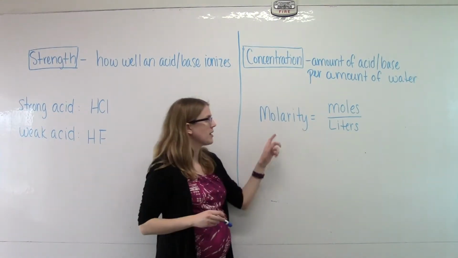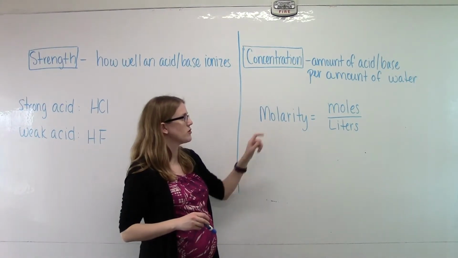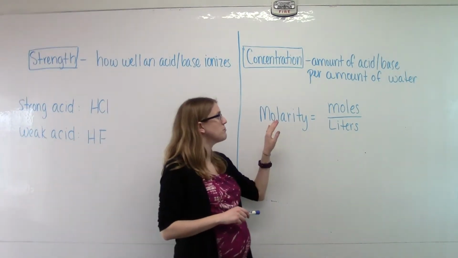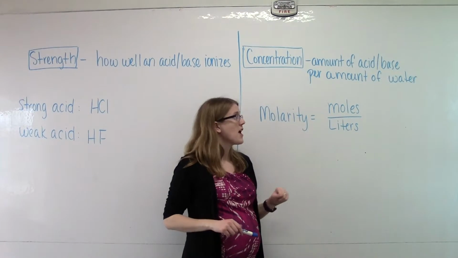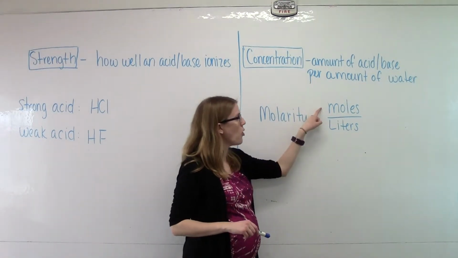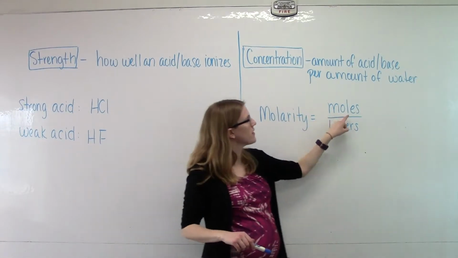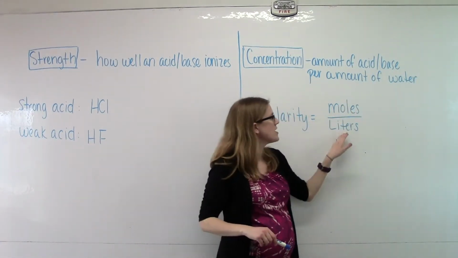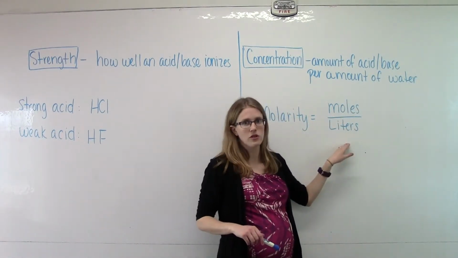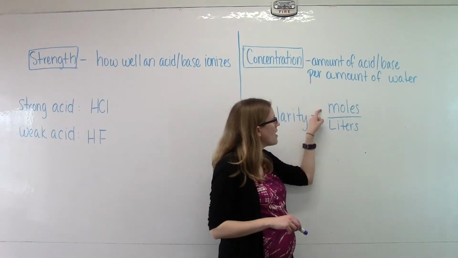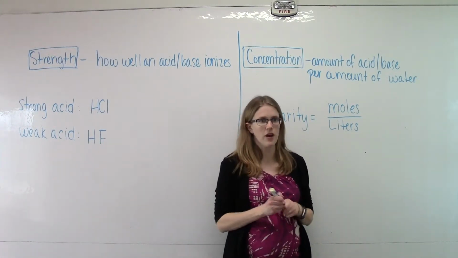Now, usually in chemistry, our most common way to express concentration is molarity. And if we remember, it specifically means moles per liter. Moles divided by liter. And moles is going to be the number of moles of the acid or base divided by the liters of solution, okay? So how much acid do we have present, okay?